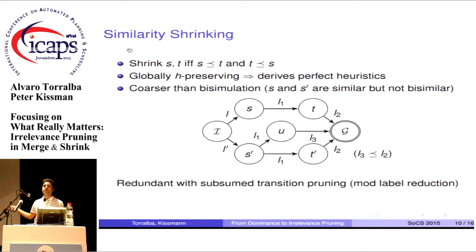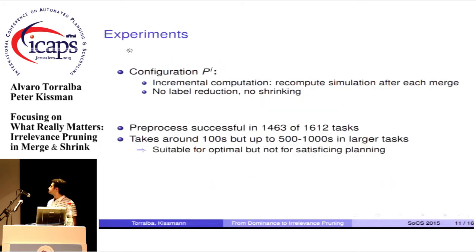It derives perfect heuristics, the same as bisimulation, and it derives a smaller abstraction, so it's quite good. However, in practice, it's a bit redundant with the subsumed transition pruning. So we saw that if you perform subsumed transition pruning and compute bisimulation, then you basically get the same in almost every case.